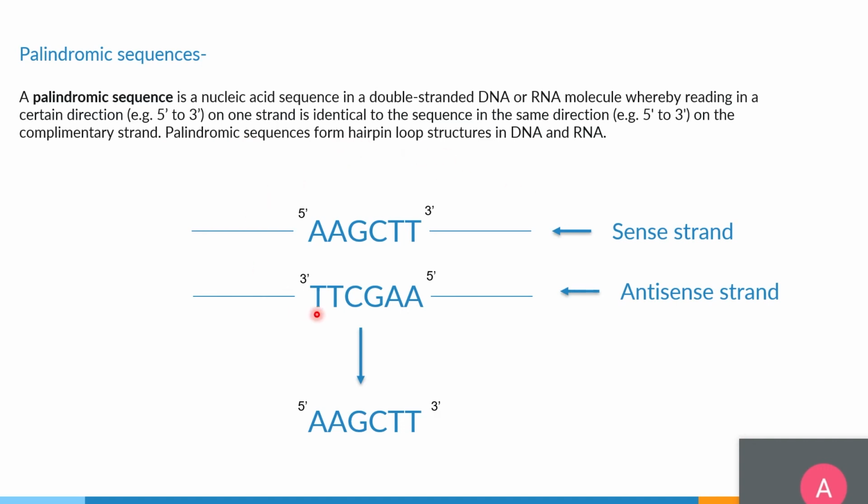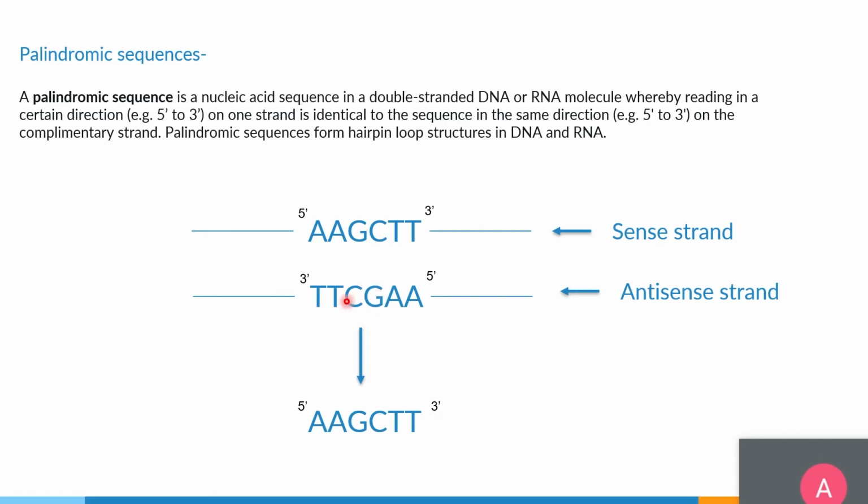So, for example, we have the particular sequence given in the question, AAGCTT, which is part of the same strand. Thus, in order to form a palindrome, the sequence should be complementary to this sequence.